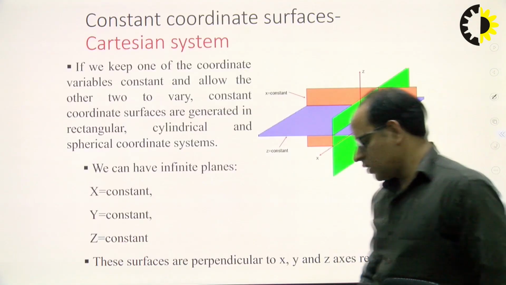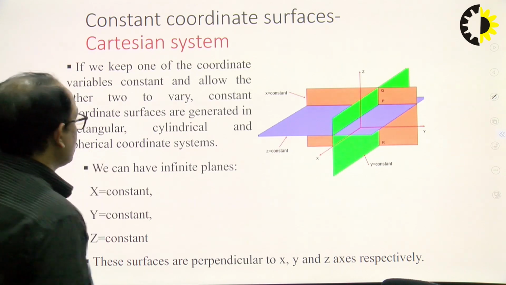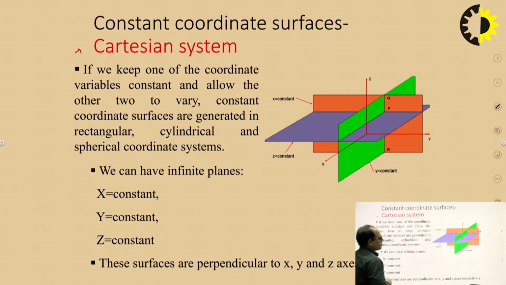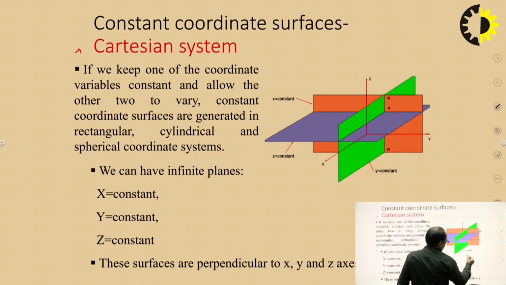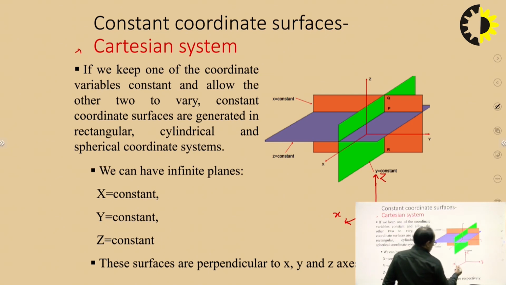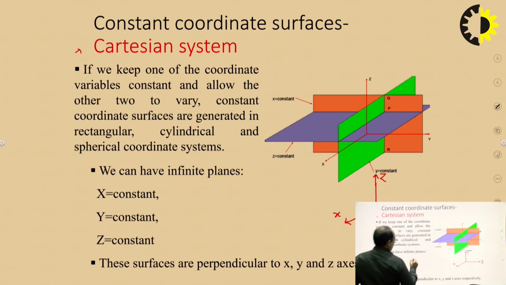To start with the differential element, first we will talk about the constant coordinate surfaces in the Cartesian coordinate system. There are three variables: x, y, and z.